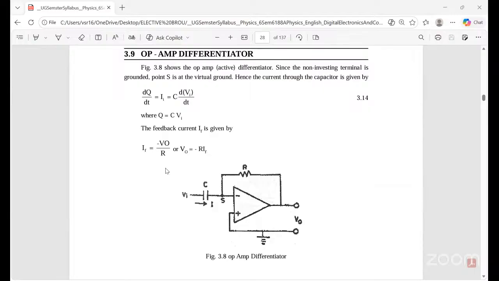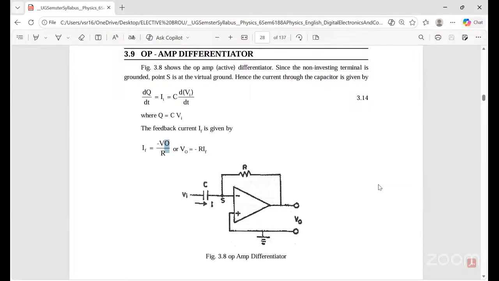The current IF is the feedback current. Where is the feedback here? The fraction of the output which is fed back to the input is the feedback. That is the V naught value.